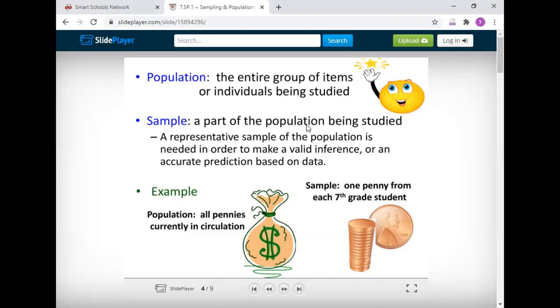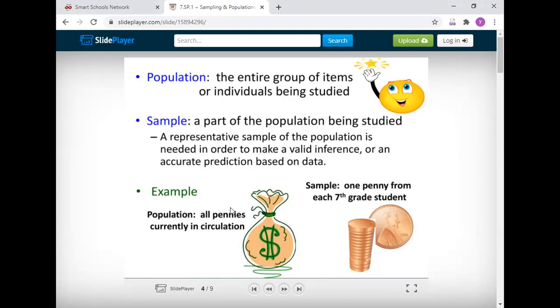But if I nominate one or two from grade 7, this is a sample to represent the whole. A representative sample of the population is needed in order to make a valid inference or an accurate prediction based on data.